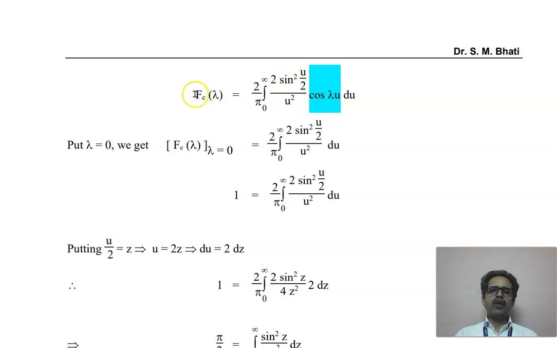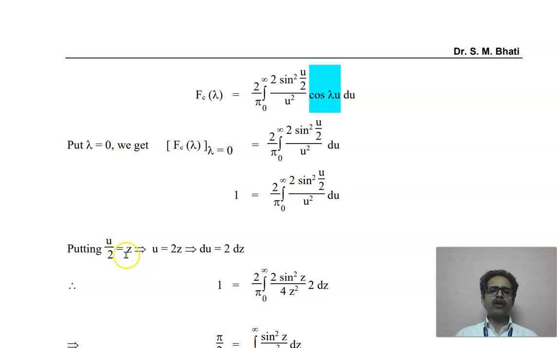Fine, and now to evaluate the certain integral in the problem, we put lambda is 0 on both sides. So on the left side we put lambda is 0, so fc lambda at lambda is 0, while on the right hand side when you put lambda is 0, you will find cos 0, and cos 0 is 1, and further this 2 and this 2 cancel, and fc lambda at lambda is 0 became 1 from the definition of fc lambda. Further we put u upon 2 as z.